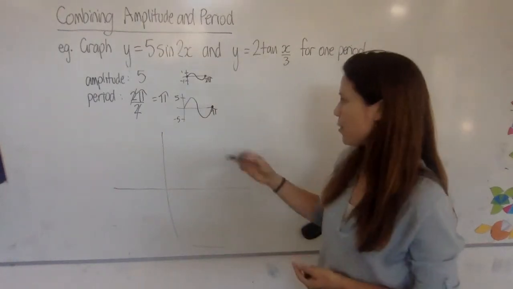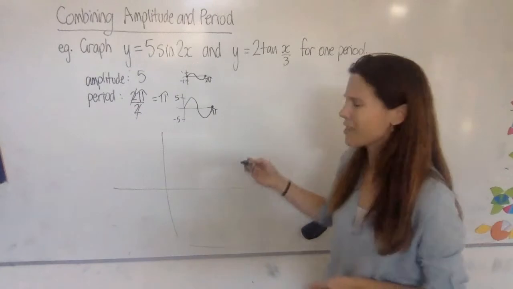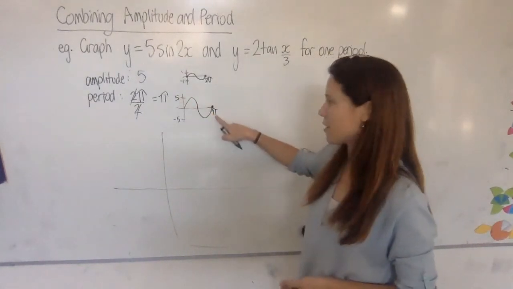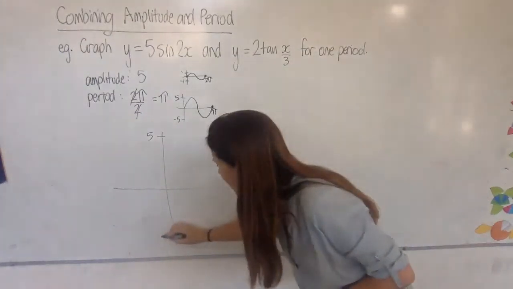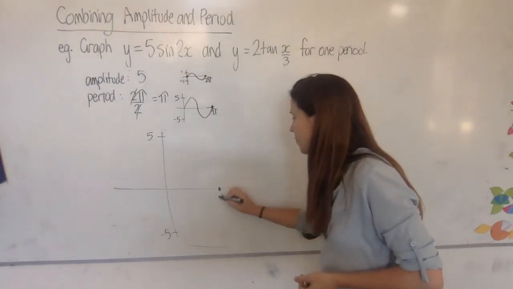So just by doing a quick sketch like that, now I could draw up a nice one and think about getting it sort of roughly to scale, if that's important to you. It doesn't really have to be to scale, but if this is 5, and I know pi is about 3, then if we're going up to 5 and we're going down to minus 5 here, then 3 is only going to be out here somewhere.